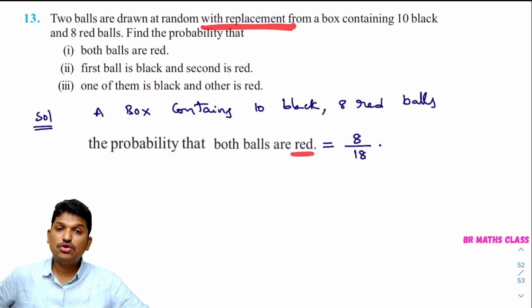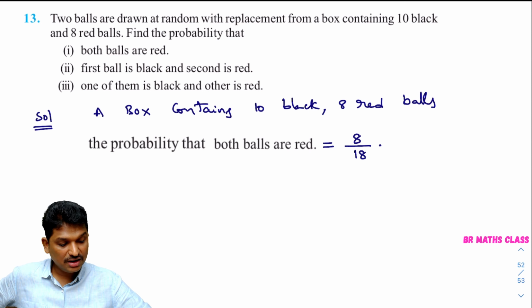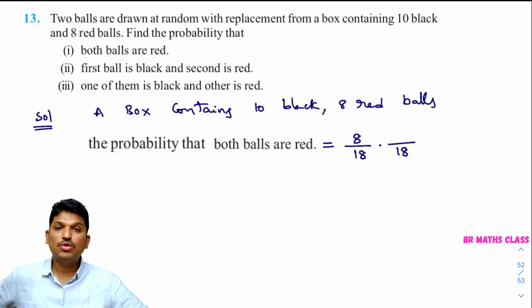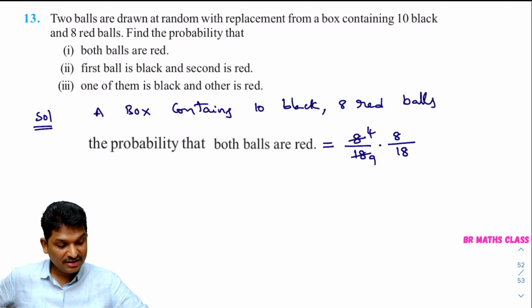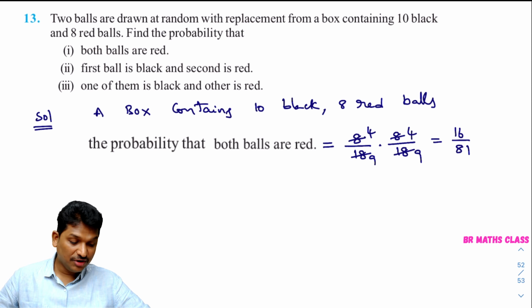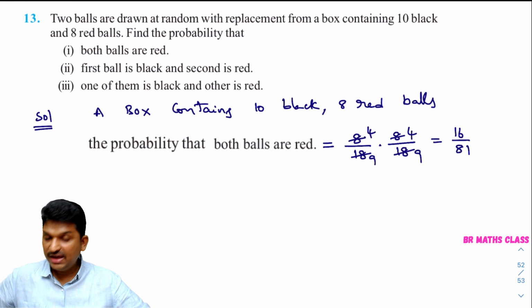That means after drawing the first ball, we are replacing the ball. That means the box contains 18 balls now. What is the probability that it is red? Total 8 red balls are there. I hope you are understanding. Now 2 table in this 4 times, 2 table in this 9 times. So what you will get: 4 4s are 16, 16 divided by 81. So the probability that both balls are red is 16 divided by 81.